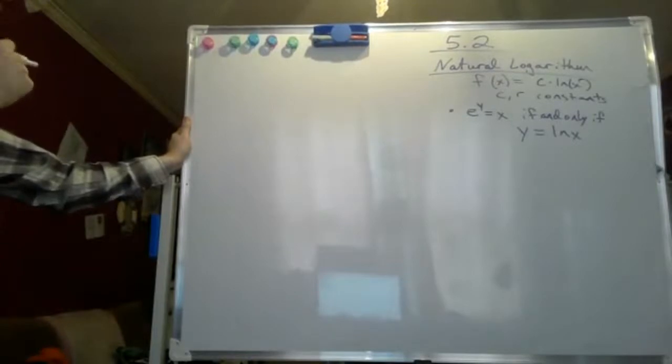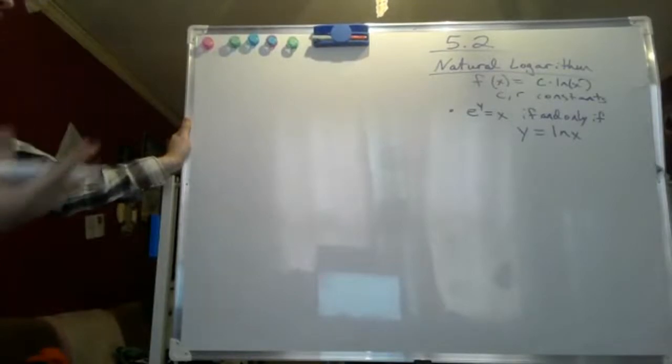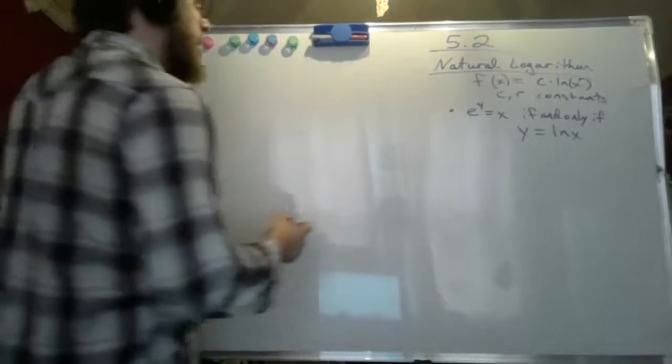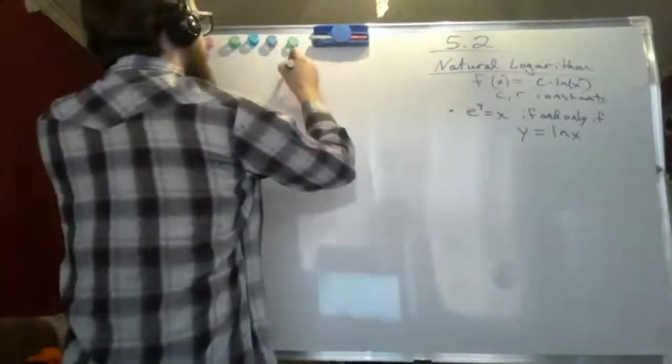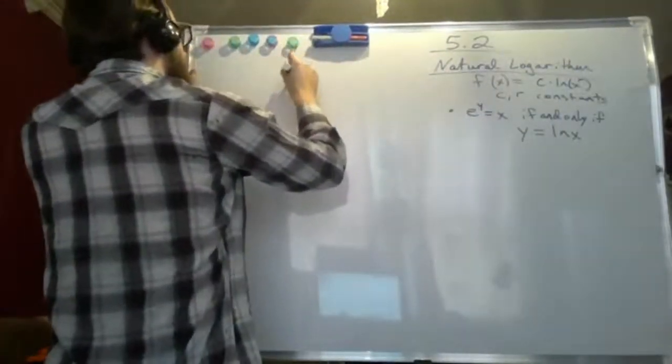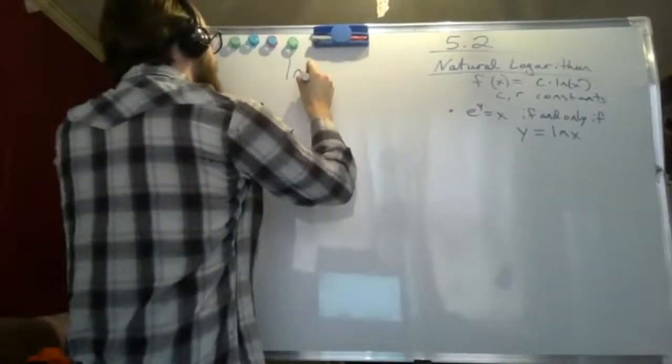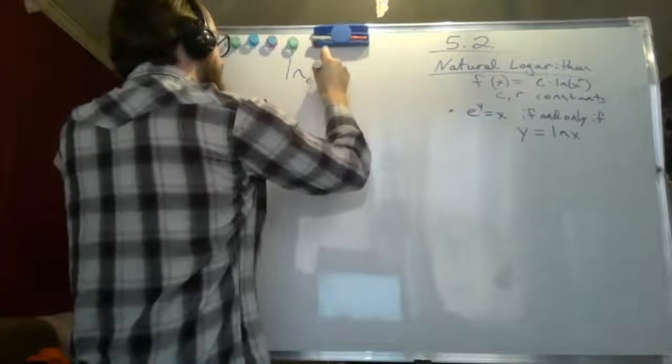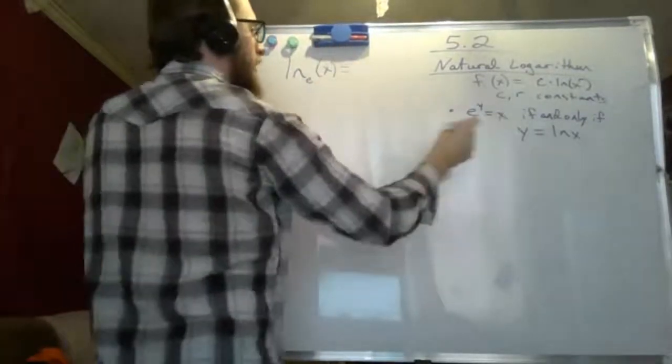This also gives us a few other nice rules. Whenever you have the natural log, it's oftentimes not written, but it's implied that natural log is base e, of x, and we're saying this is equal to y.